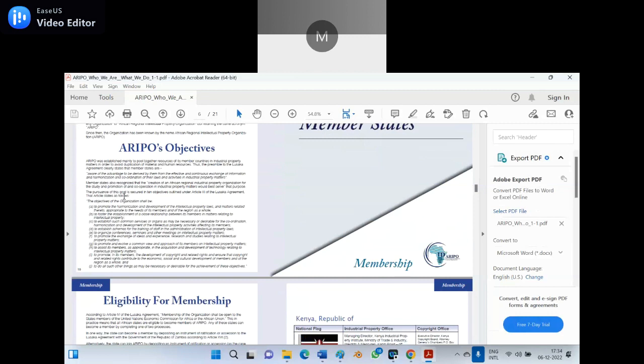Let me read the objectives. ARIPO was established mainly to pool together the resources of its member countries in industrial property matters, and to avoid duplication of material and human resources.